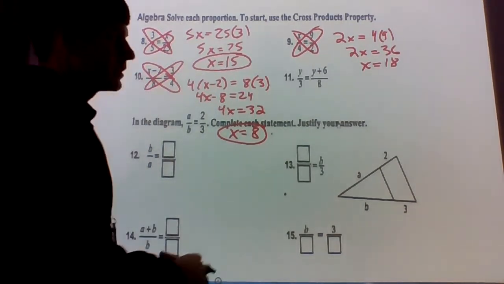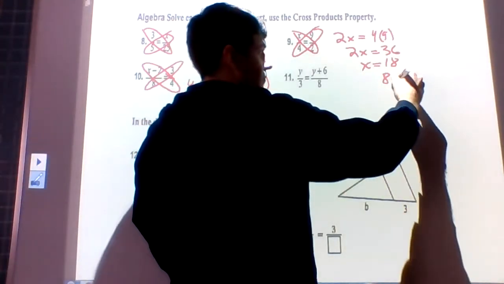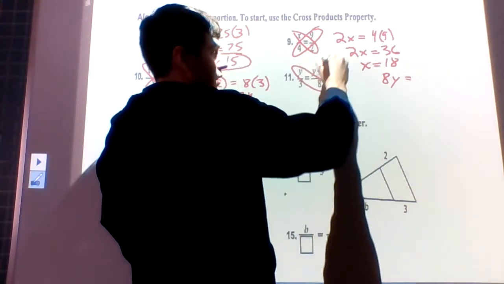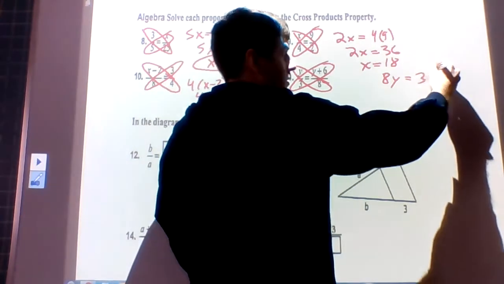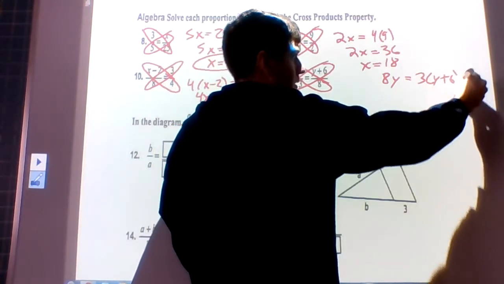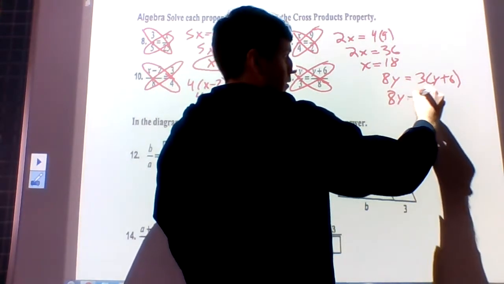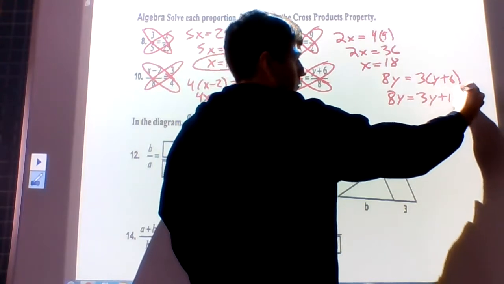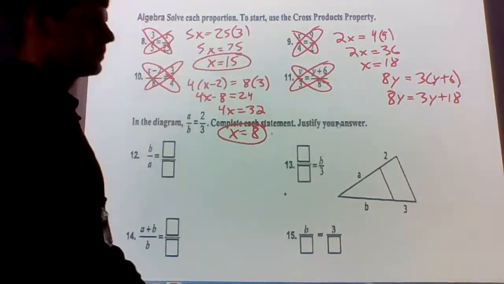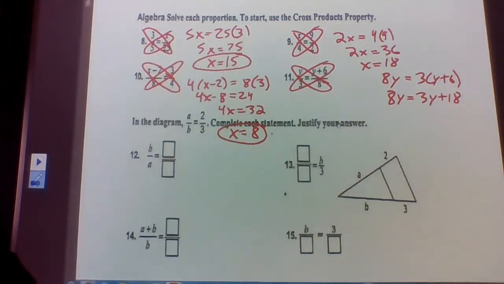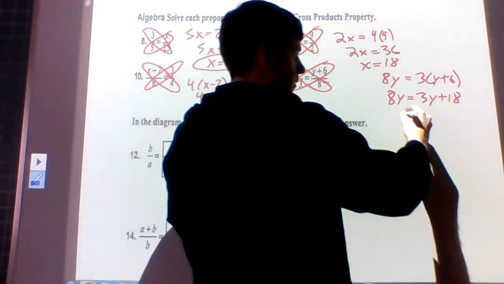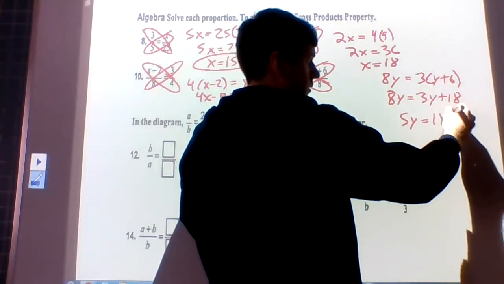Cross multiply 8 times y, and then 3 times y plus 6. You gotta make sure we distribute. So 8y equals 3y plus 18. Subtract 3y from both sides, you get 5y equals 18.